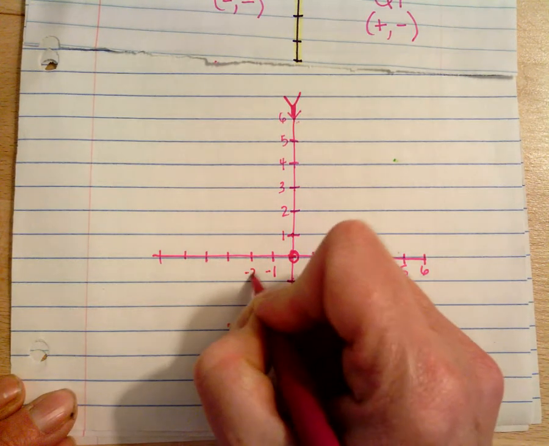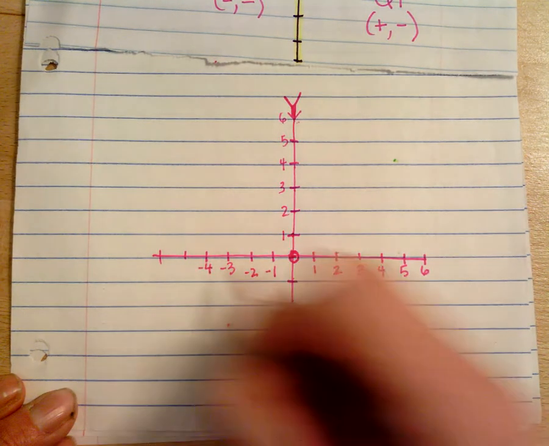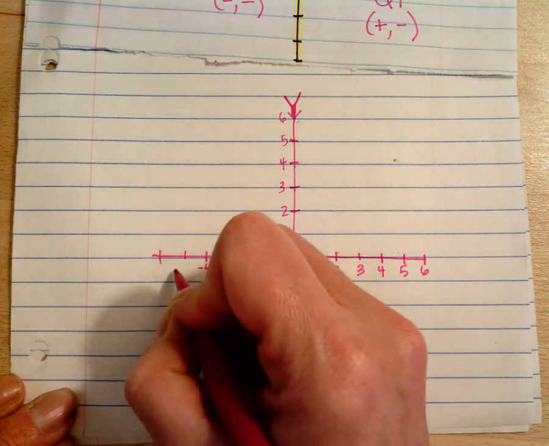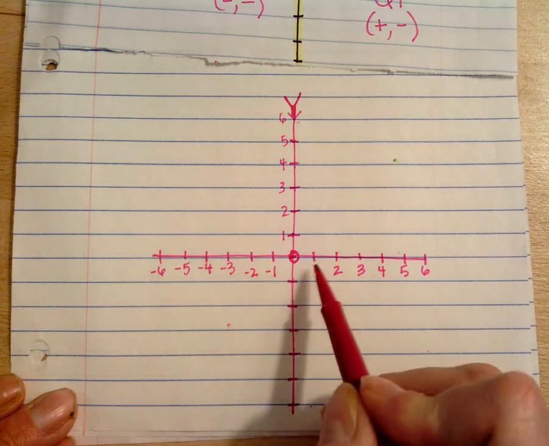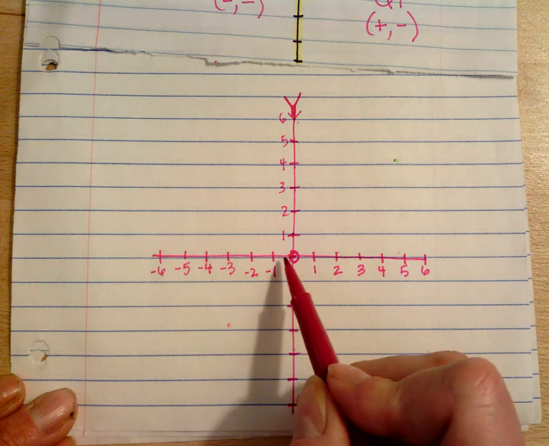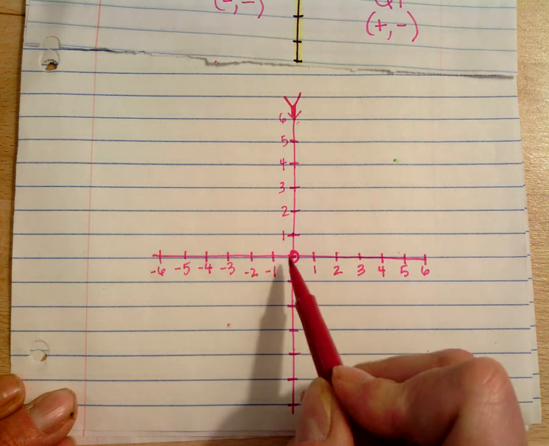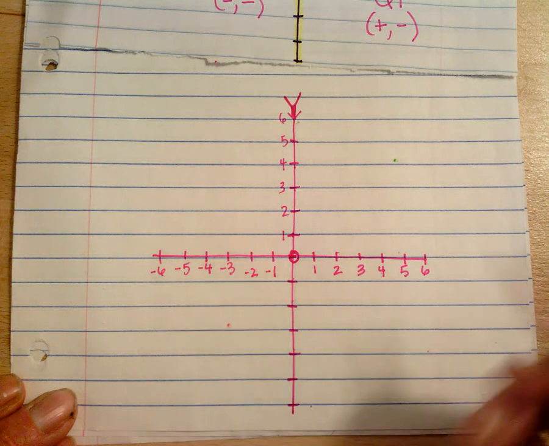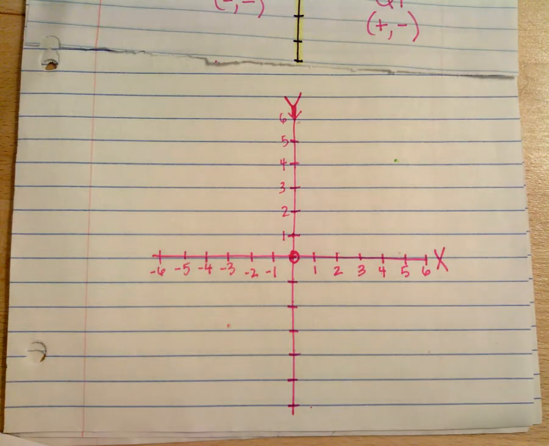Then we're going to go -2, -3, -4. Again, it's the opposite of 4. -5, -6. 1 unit away, 1 unit away. 3 units away, 3 units away. This is moving to the left. Left is lower. Remember, this is our x-axis in case you need that.